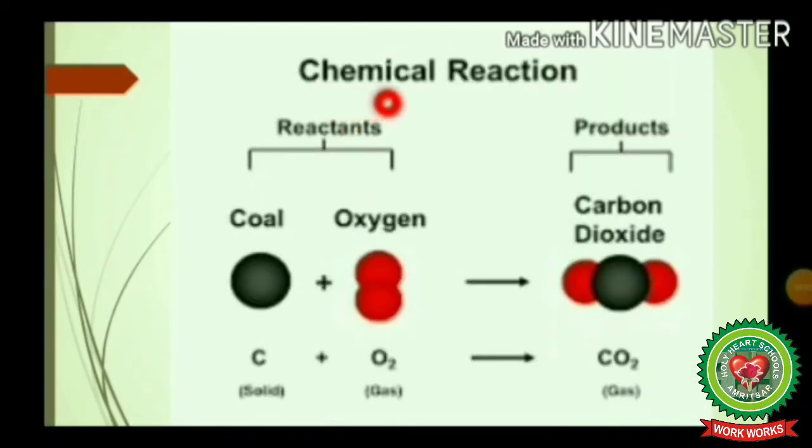Students, in the chemical reaction, the substances which are taking part in chemical reaction are called reactants. And reactants are written on the left hand side of arrow. On the other hand, the substances which are formed as a result of reaction are called products, and products are written on the right hand side of arrow.